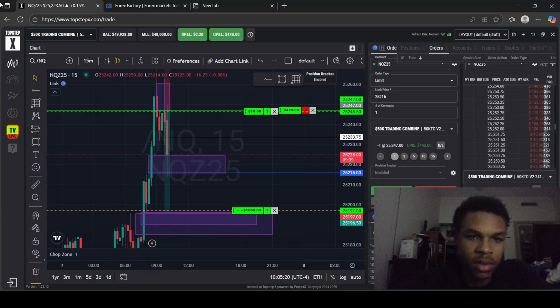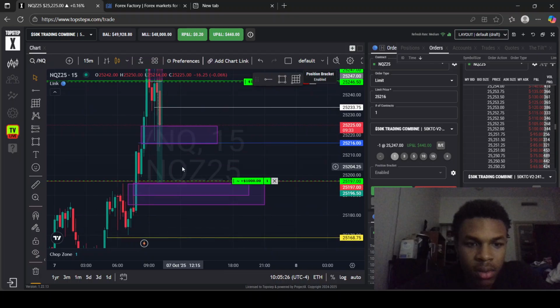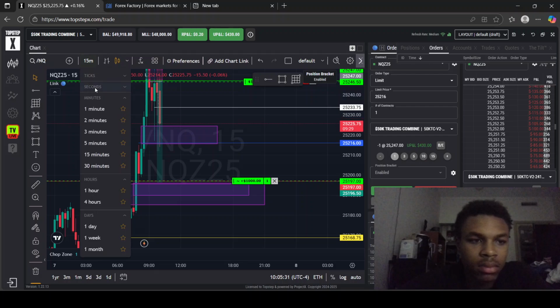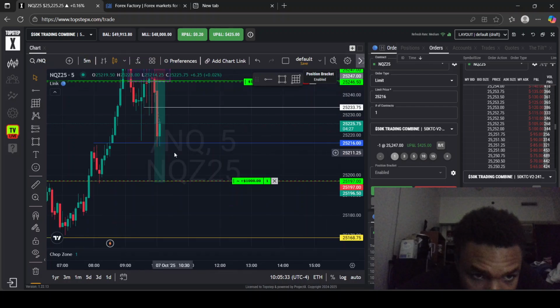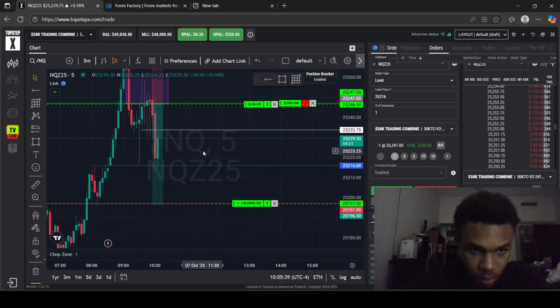I think we're gonna inverse this. All we have to do is inverse it and continue lower. We're straight though.